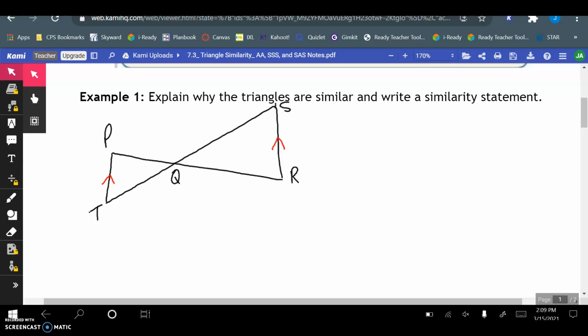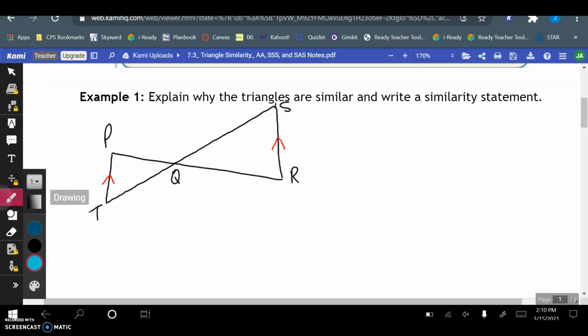Explain why the triangles are similar and write a similarity statement. So looking at this here, since these two lines are parallel, then angle P is congruent to angle R. This angle and this angle are the same because they are alternate interior angles.